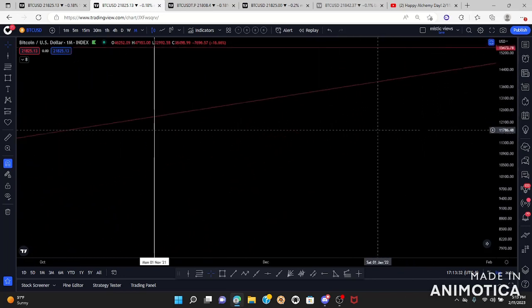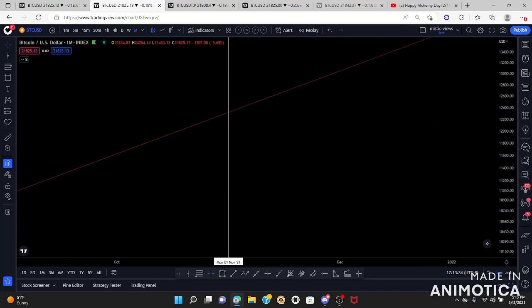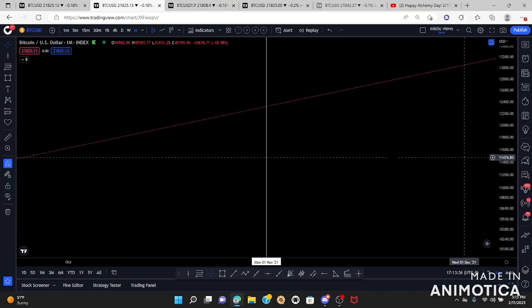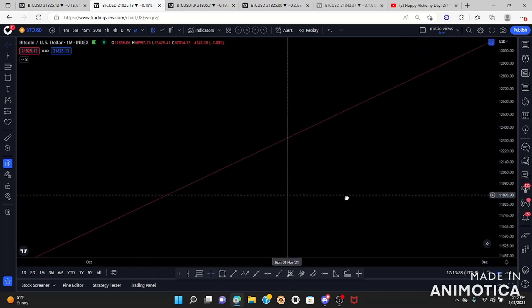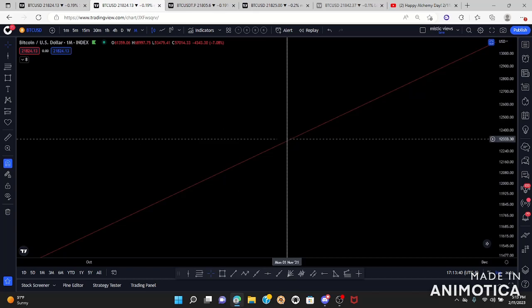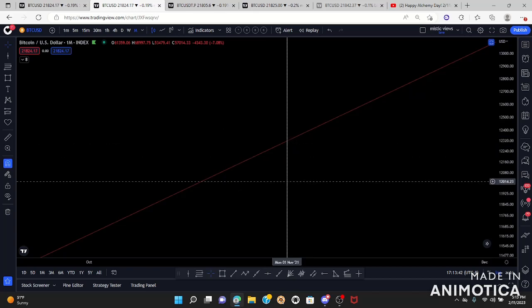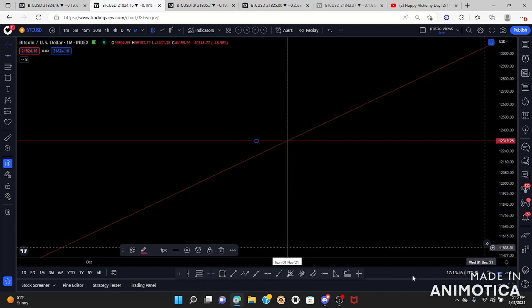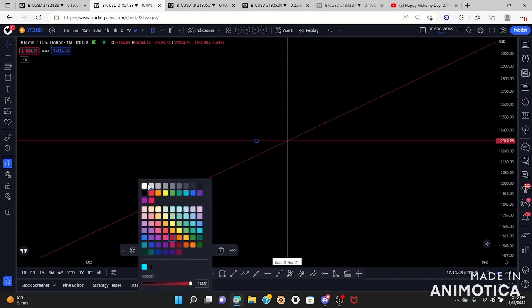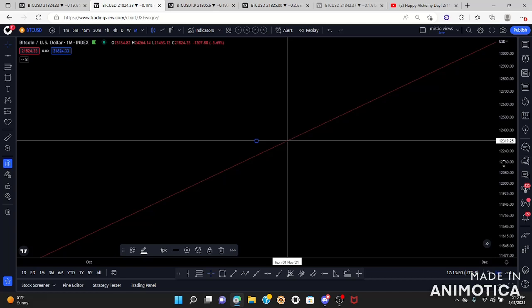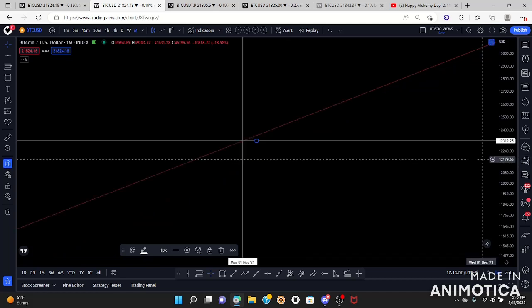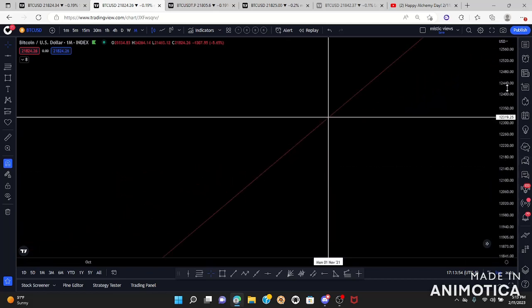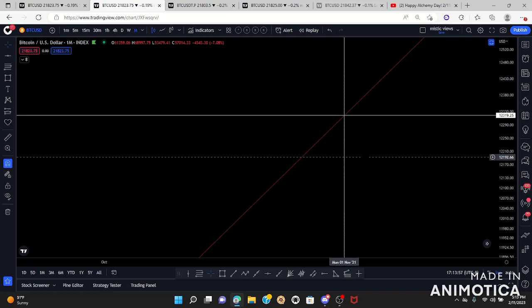I'm going to zoom in so we could get as close as possible to the most accurate price. So our horizontal line would be right there. I'm happy with that. And that gives me a target of 12,319. I'm pretty happy with that.